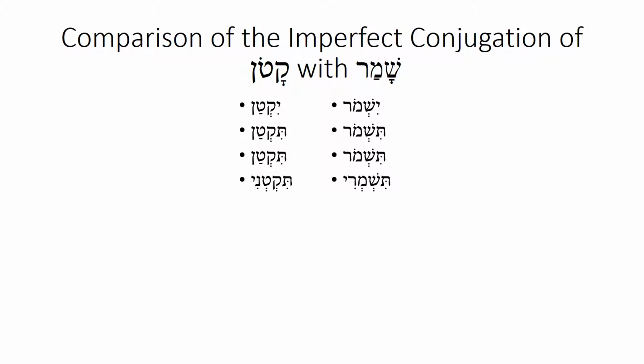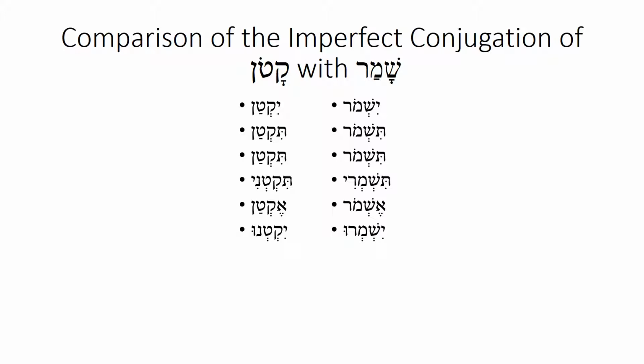Tishmari, we don't see it in this form, goes to tiktani, but we do see it in the first person common singular. Eshmor goes to ektan, and again, we see that instead of the expected holum above the second root consonant, we have a patha as the second stem vowel.